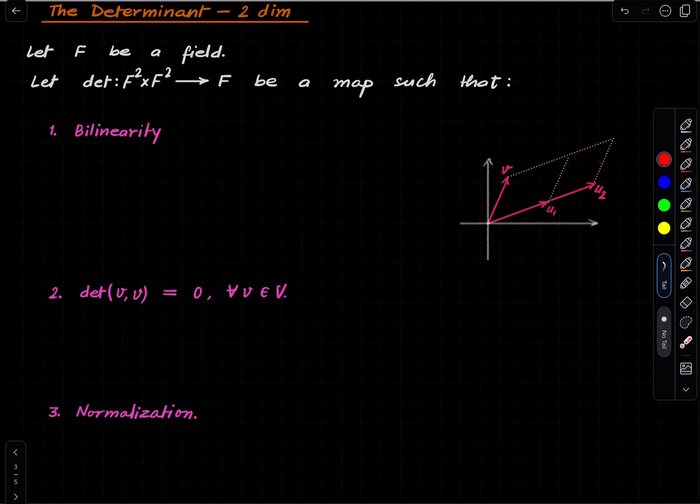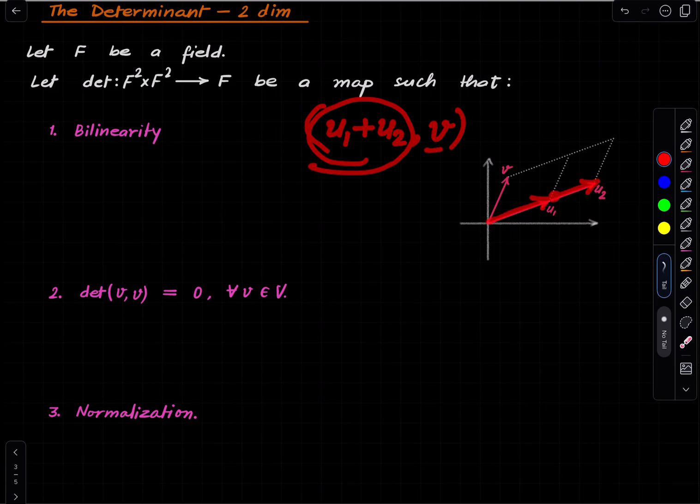If you make the vector u2 and make the parallelepiped, this area we have just translated to here. But what would be the area of the parallelepiped spanned by u1 plus u2 and v? This is u1, then we make u2 with the tail of u2 coinciding with the head of u1. What will be the signed area of this particular choice of vectors?